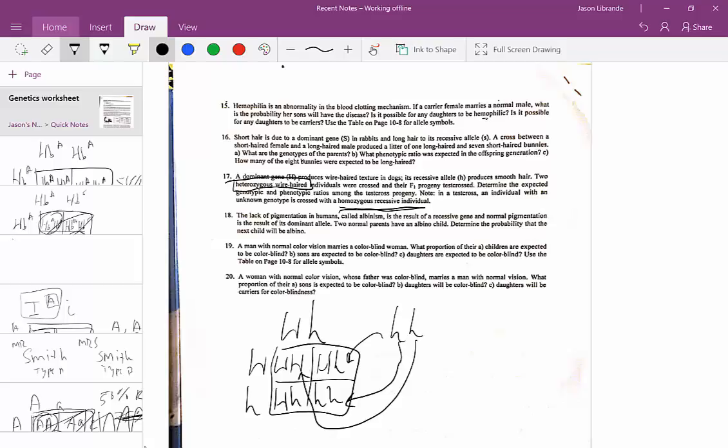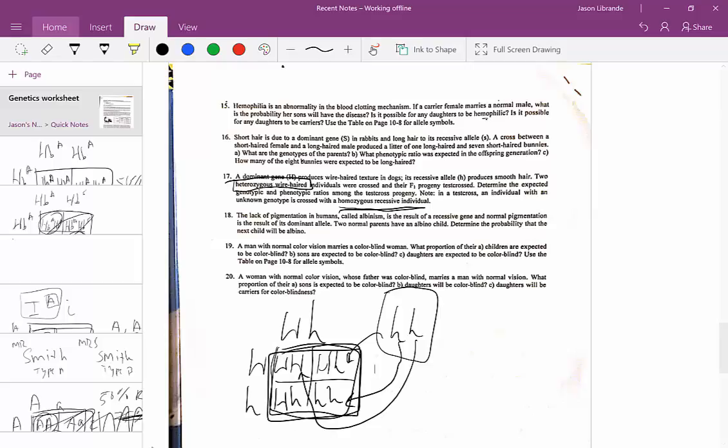So assuming you didn't know what the genotypes of these individuals were right here, you could do a test cross with this homozygous recessive individual and figure out what offspring phenotype ratios make sense there. So that's really the point of a test cross, is to identify individuals of unknown genotype.